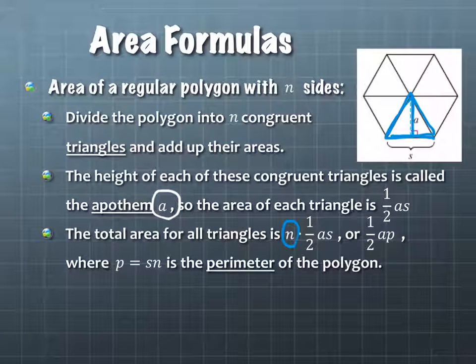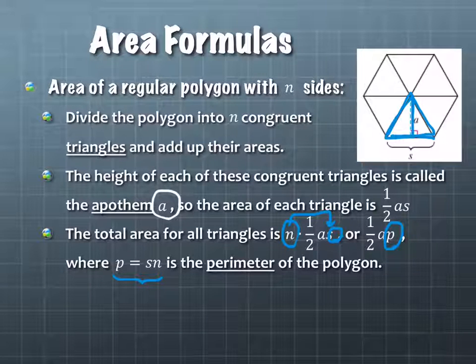And then if you take a look at n times s, well, n is the number of sides of the polygon, times s, the side length, is just the perimeter of the polygon, the distance all the way around. So p equals sn, right? The perimeter is the side length times the number of sides.